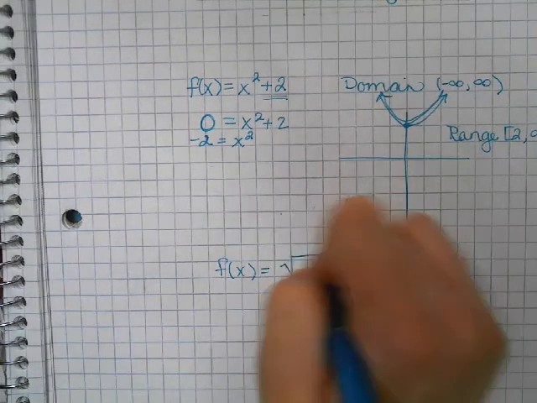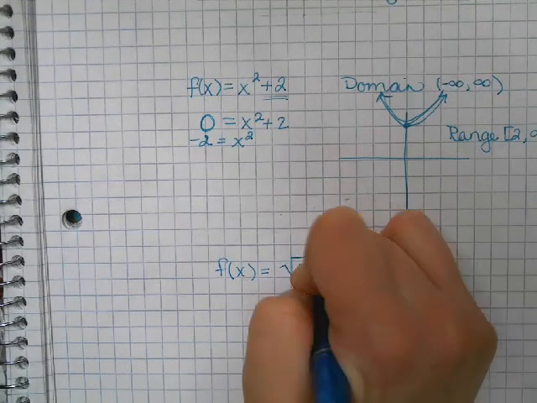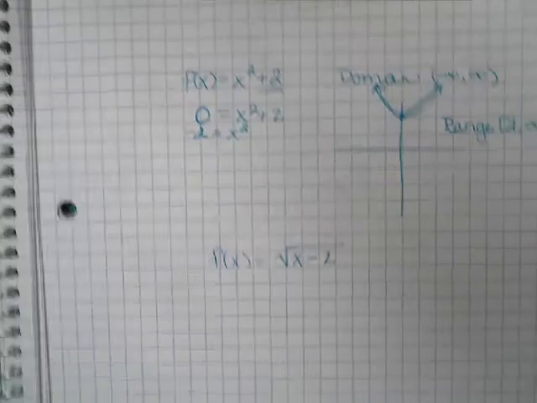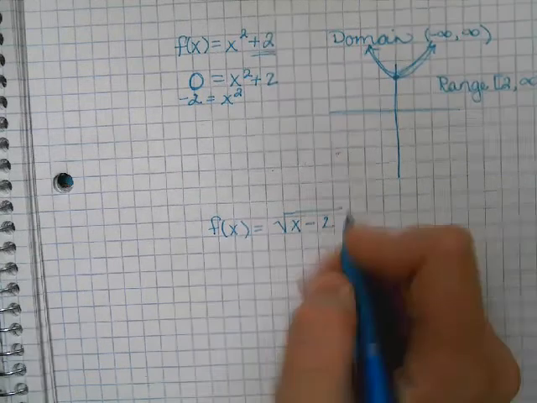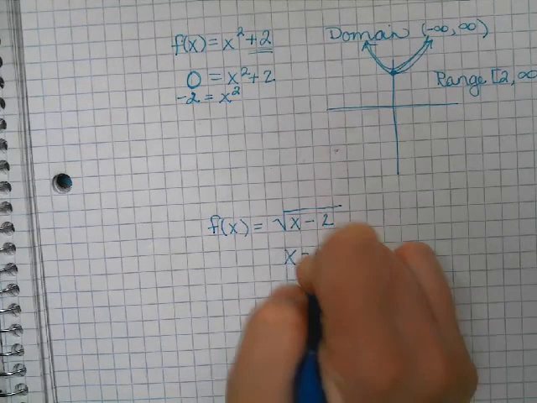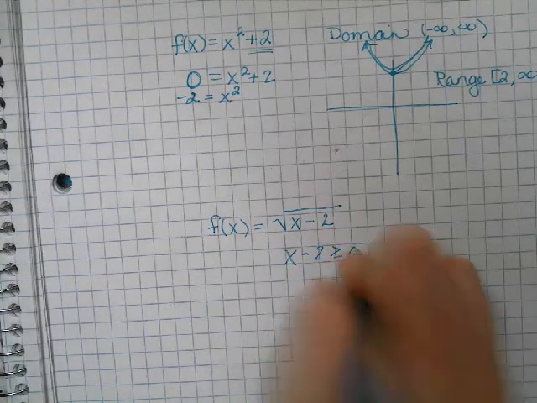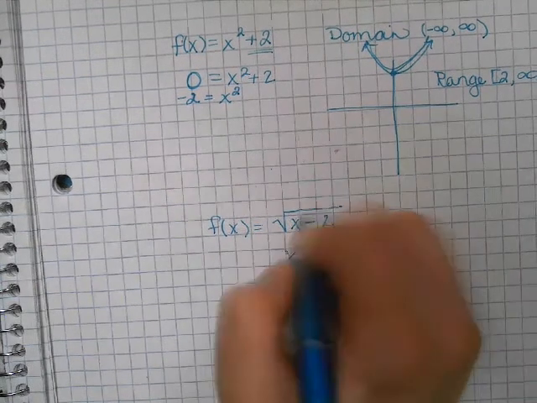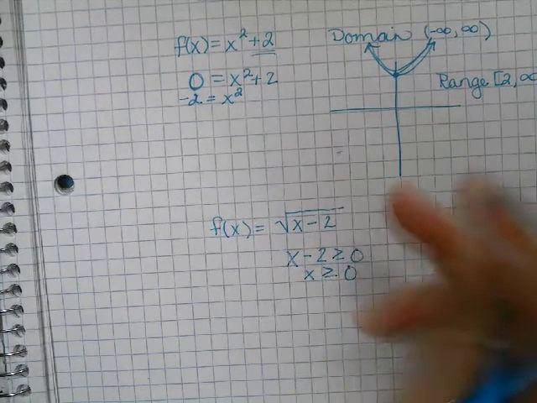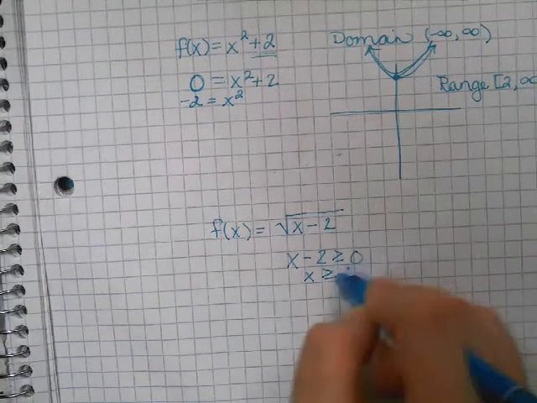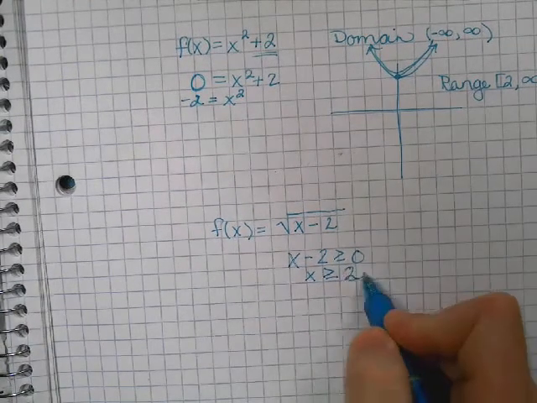For a function like f of x equals the square root of x minus 2, I know that this stuff has to be bigger than or equal to 0. X minus 2 has to be greater than or equal to 0 in order to take the square root. So x has to be bigger than or equal to 2.